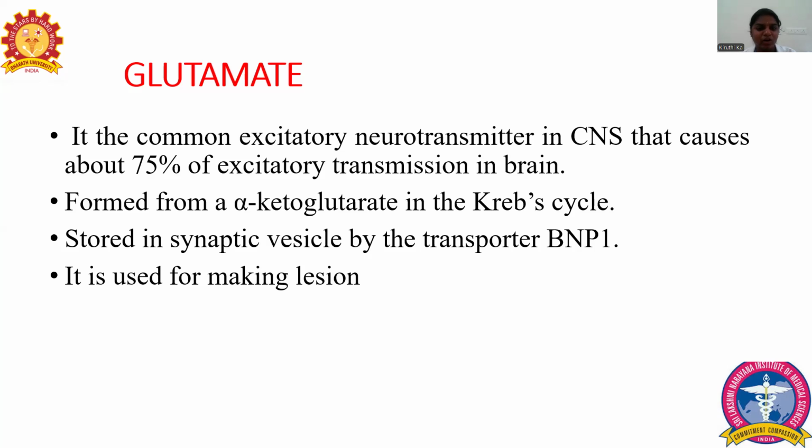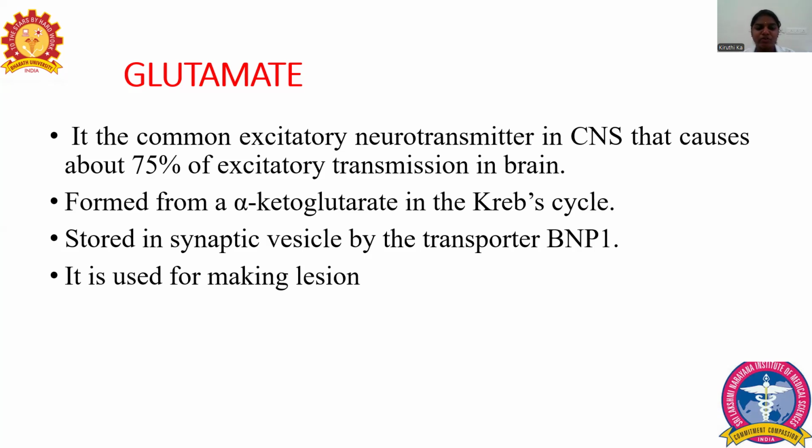So next we'll see glutamate. Glutamate is a common excitatory neurotransmitter in the CNS that causes about 75% of excitatory transmission in the brain. It is formed from alpha ketoglutarate in the Krebs cycle, and it accumulates in the synaptic vesicles by the transporters VGLUT.